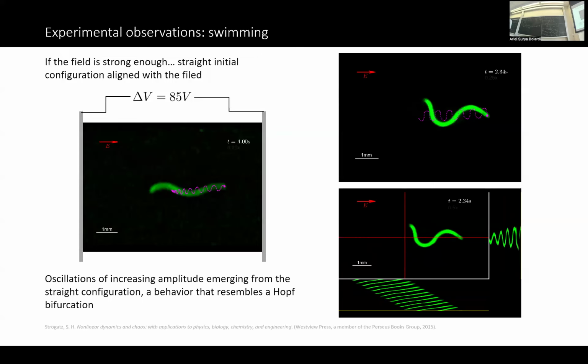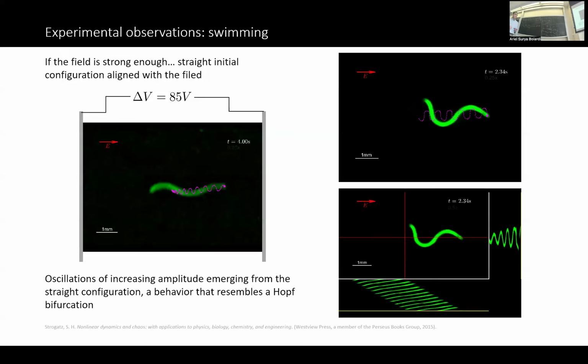And looking at this picture close enough, we can see that the shape change of this object is characterized by a backward traveling wave, and that this wave is increasing in amplitude while traveling towards the tail of the filament.